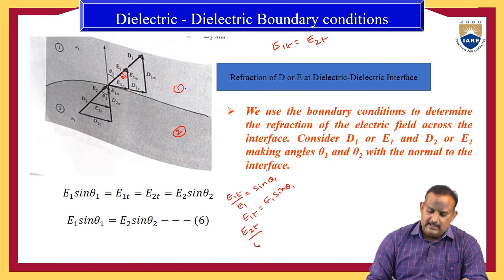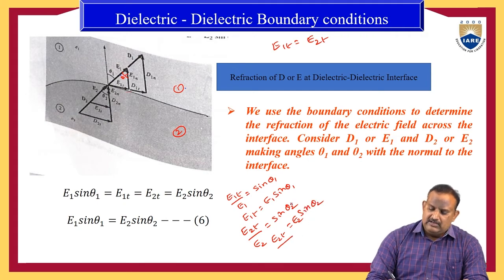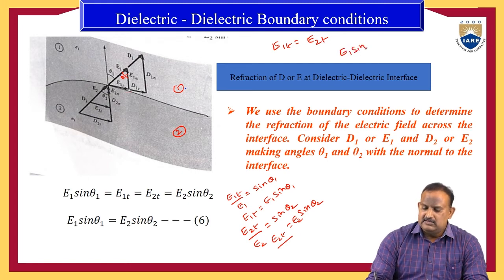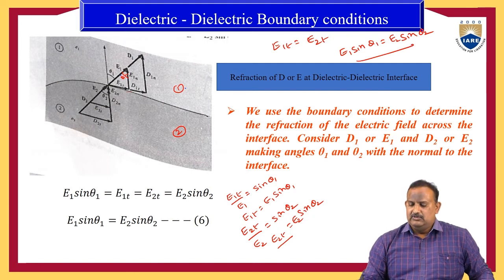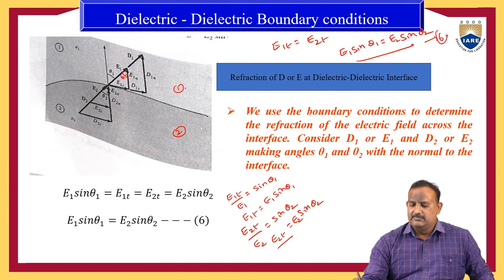E2t by E2 is equal to sine theta 2, so E2t is equal to E2 into sine theta 2. Because E1t is equal to E2t, we can write E1 sine theta 1 is equal to E2 sine theta 2. Let us assume it is equation 6.